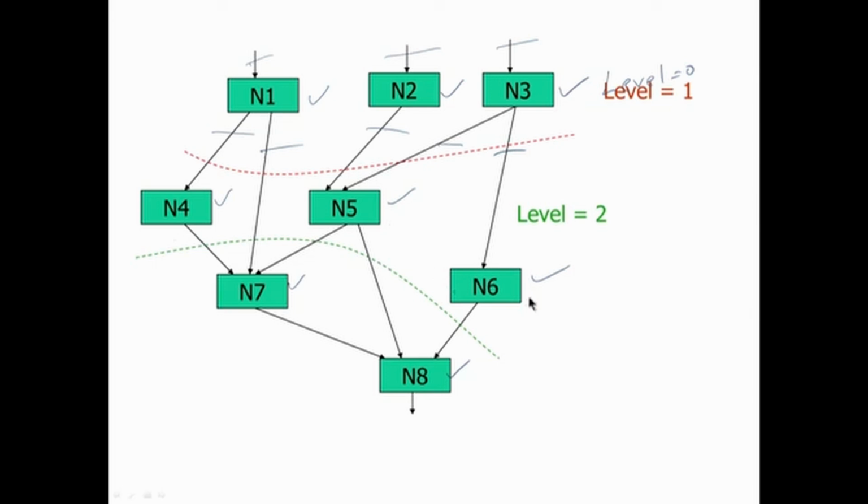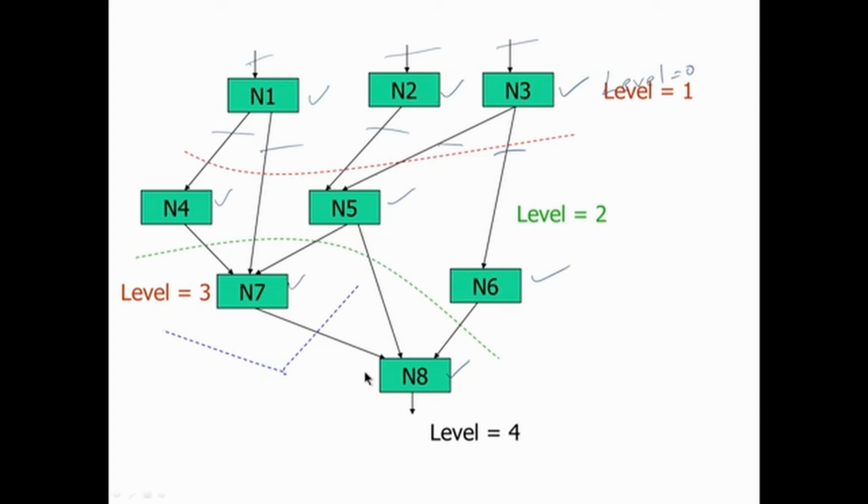I remove N4, N5, N6. Please note only N7 is removed because N7 has an edge to N8. So this becomes level 3, and then N8 comes in, so this becomes level 4. This is basically what we call the topological sorting of any directed acyclic graph.